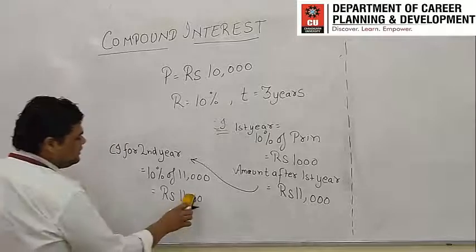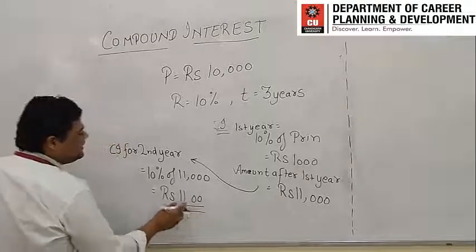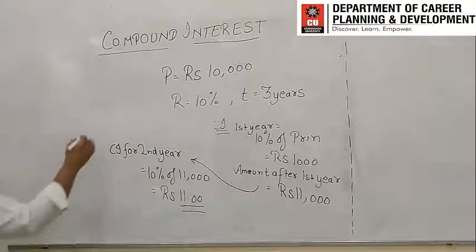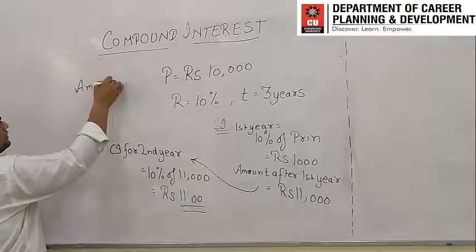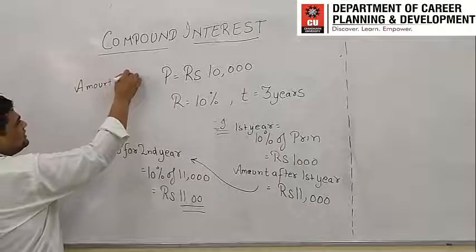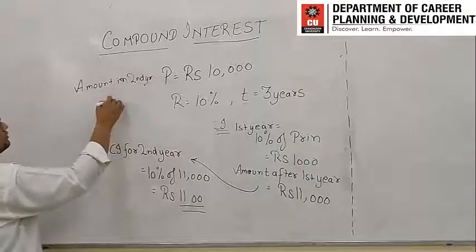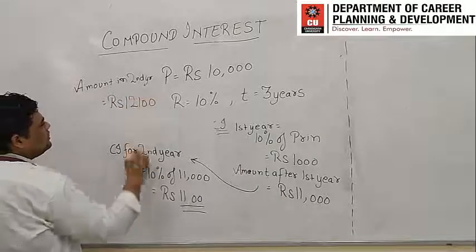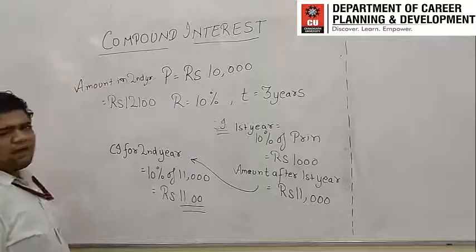Now we add this interest to the amount for the first year. So the amount in the second year is equal to rupees 12,100.